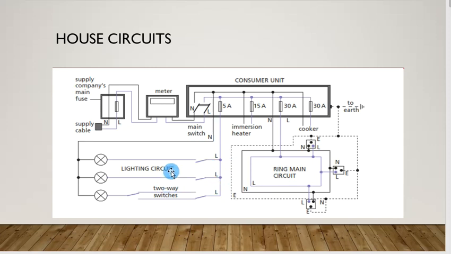The lighting circuit may be at 1.5 square millimeters, and the cooker circuit is thicker. This one has a greater cross-section area. The minimum it can have is 3 square millimeters, as we shall see later. Remember, the size of current that is demanded is what determines the thickness of the cable.